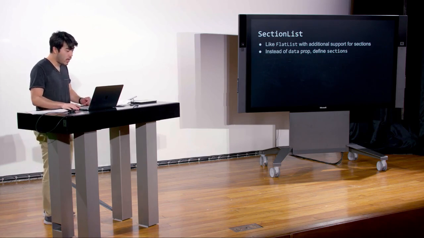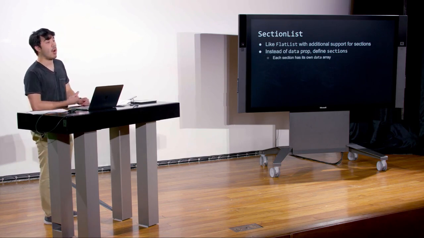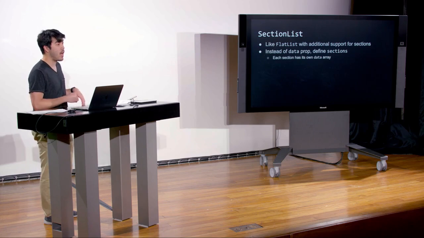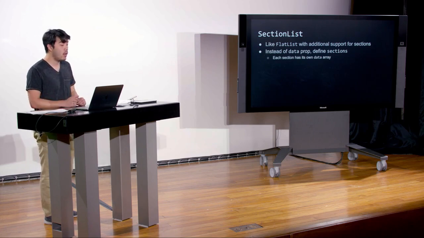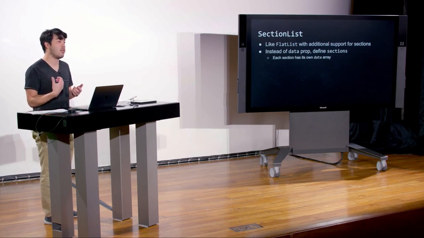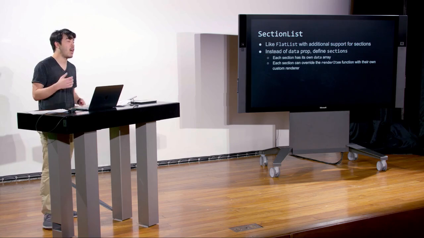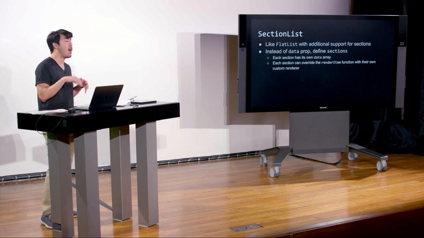What do those sections look like? Well, each section has its own data array. So unlike in flat list, where we had an array called data, we now have an array called sections, where each section is an object with its own data array. And each section has the opportunity to override the render item function with their own custom renderer.